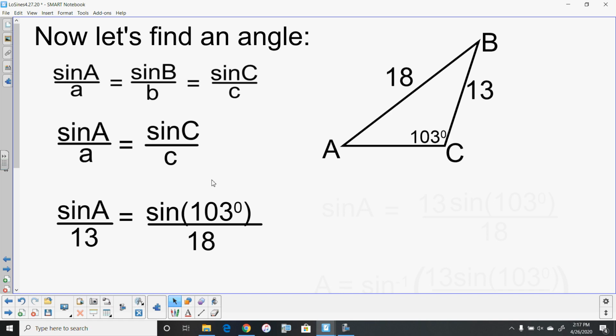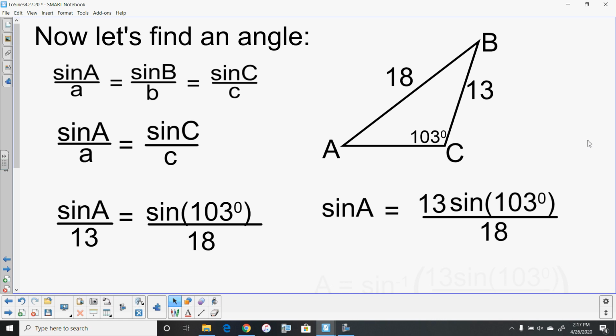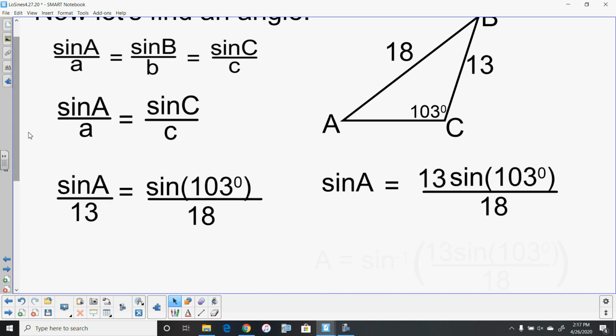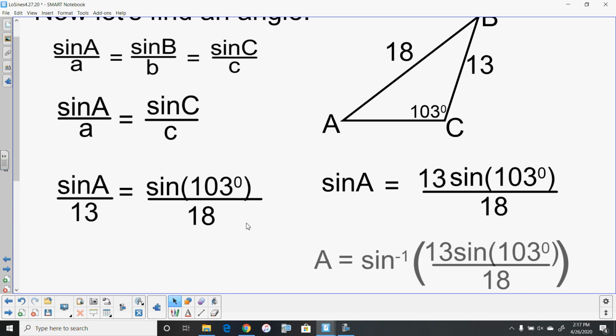In one move, I can get sine of A by itself by multiplying both sides by 13. And like you learned with sine, cosine, and tangent, how do you go from sine of A to just A? Inverse sine, right? So you can do the inverse sine of that whole beast on the right there.